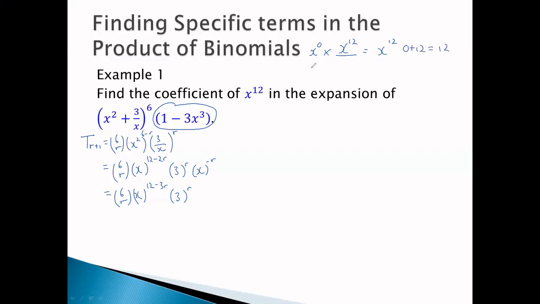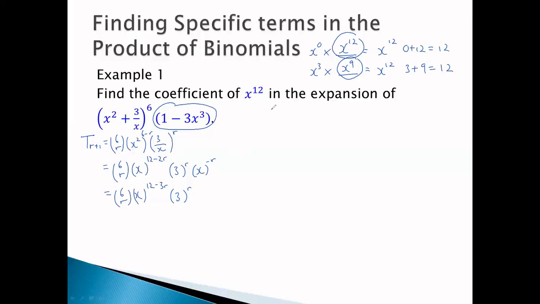Also, if I have a 3x cubed here, what x term do I need to get x to the power 12? I need x to the power 9, because by laws of indices, you get 12 here. So I need an x to the power 12 term and an x to the power 9 term.